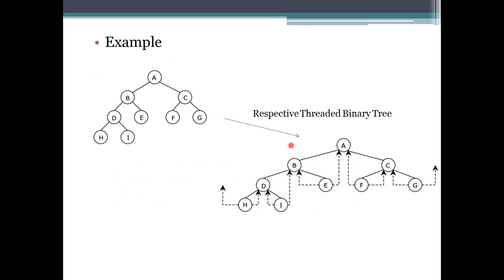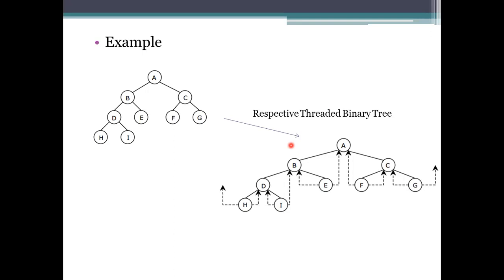So we are having 5 such leaf node representations, which are H, I, E, F, G. If the left child, it is considered as a predecessor, and the right child is considered as a successor. Whatever it is considered, it is connected to its previous nodes or the parent nodes or the grandparent nodes there itself only.